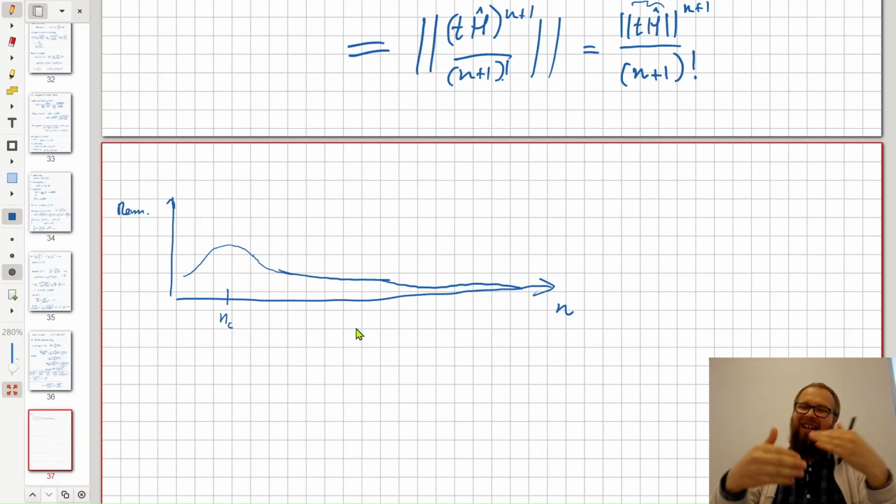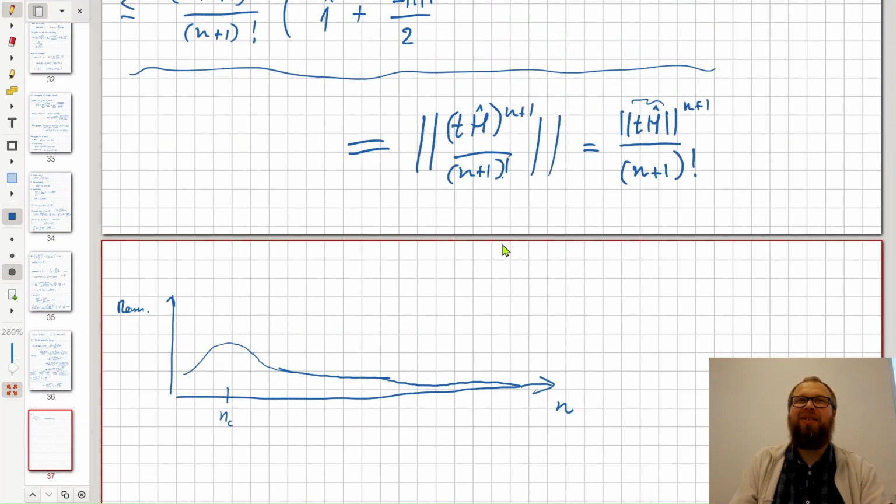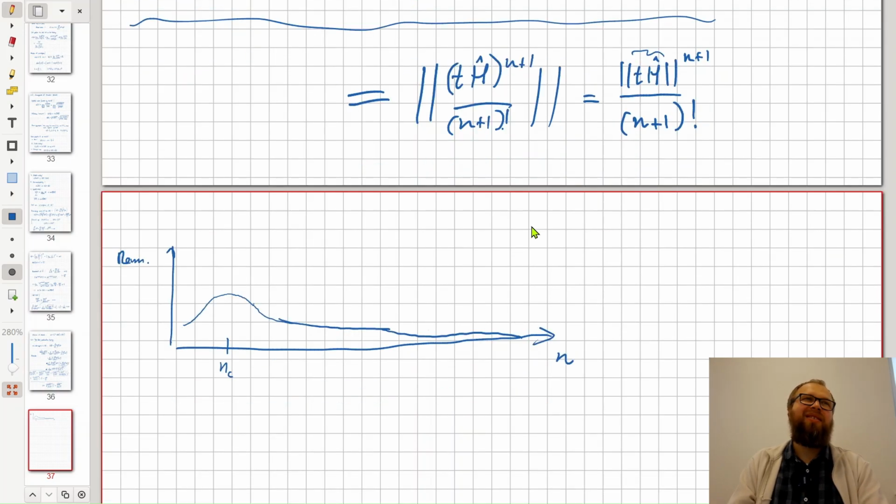But now let's ask a different question: given some accuracy, how much work do we have to put in? So what is the n? If I say I want to be 10% accurate, I want this error to be 0.1, what is the value of n for given t and h I need to take to achieve this accuracy?